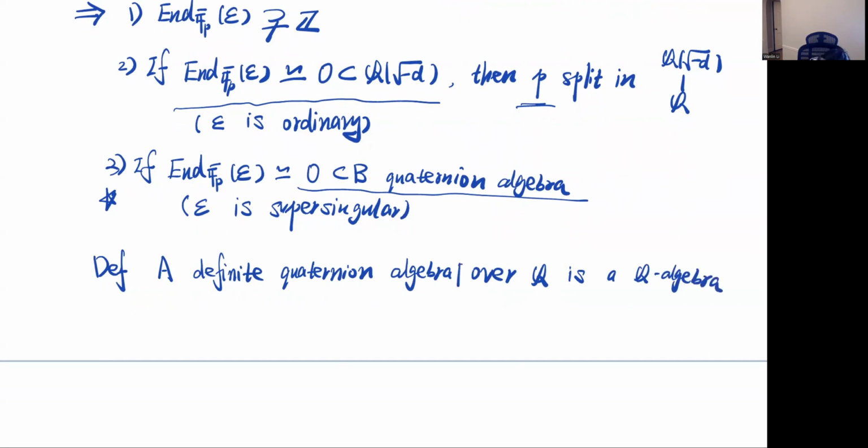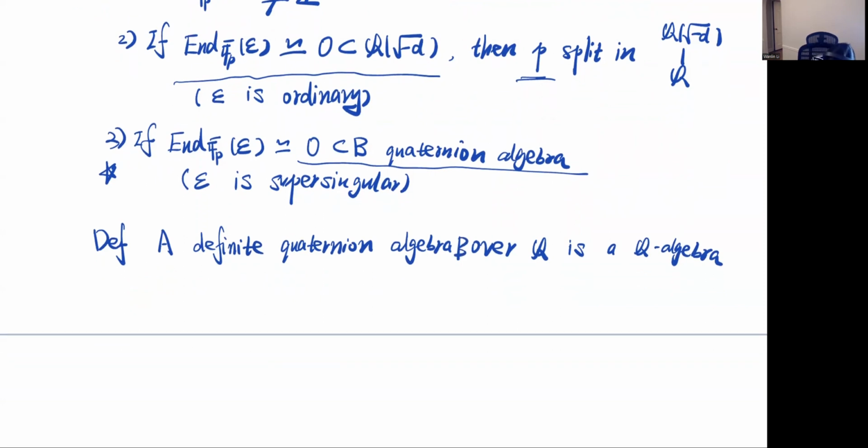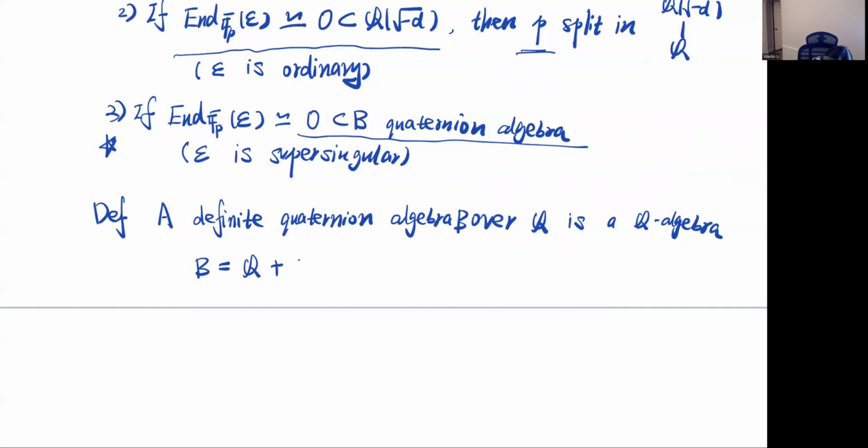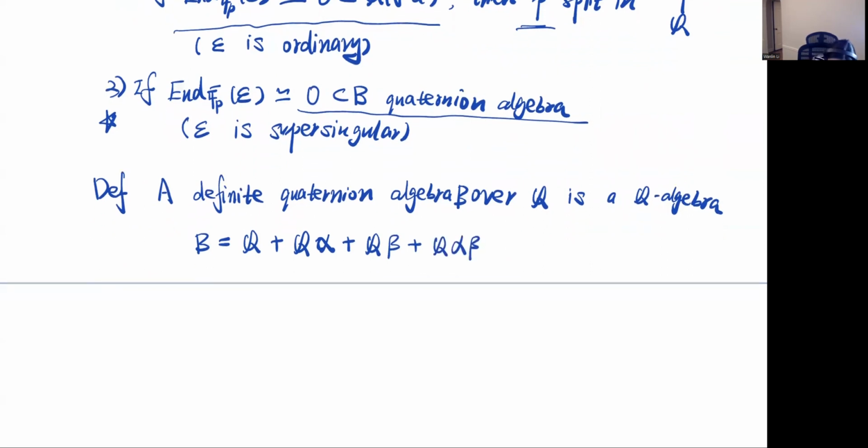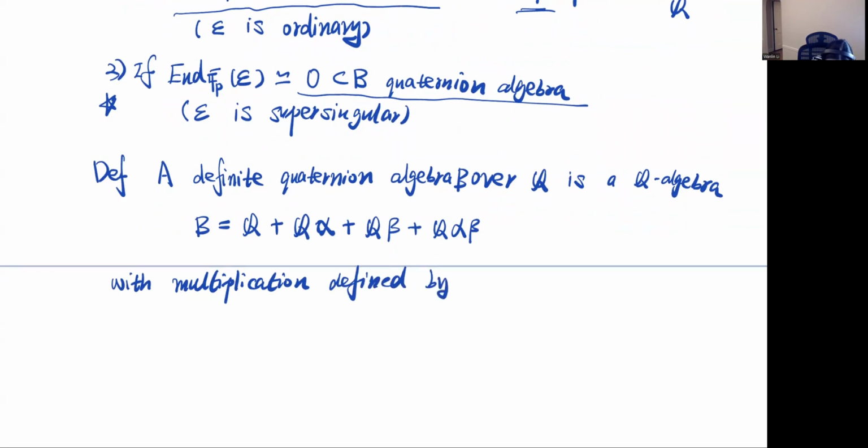We'll call the quaternion algebra B. B is given by Q plus Q alpha plus Q beta plus Q alpha beta, so it is a 4-dimensional Q vector space, with multiplication defined by the following.